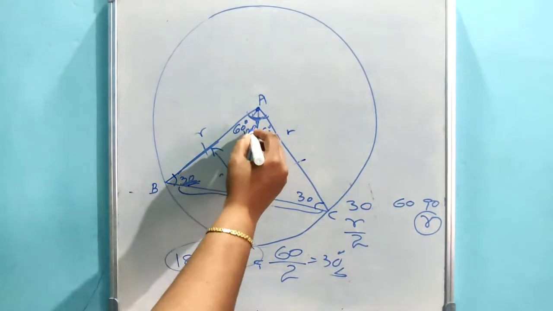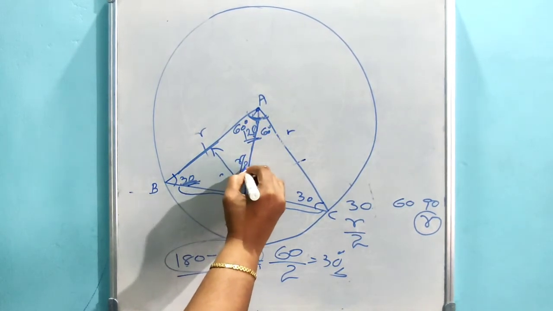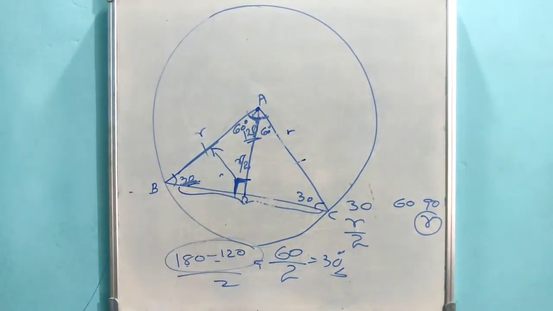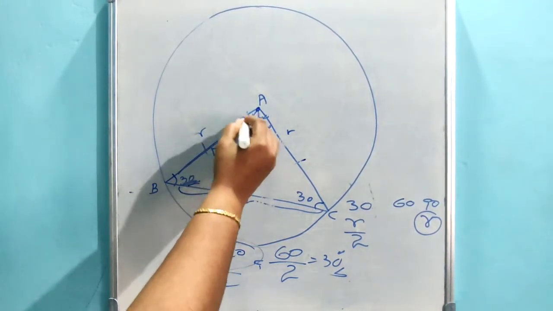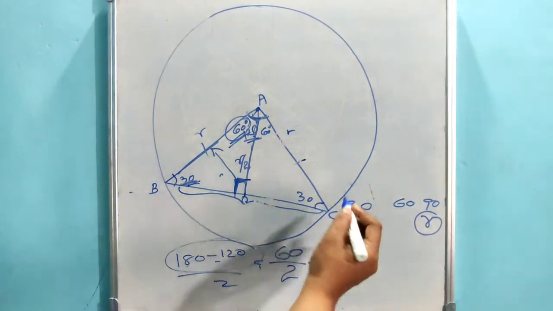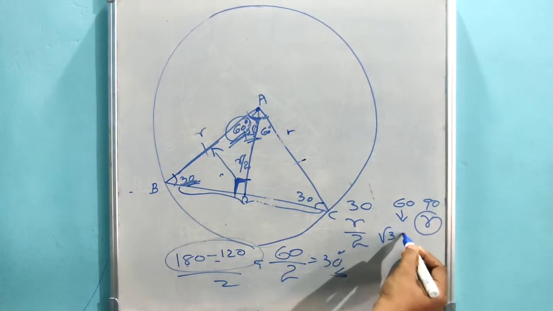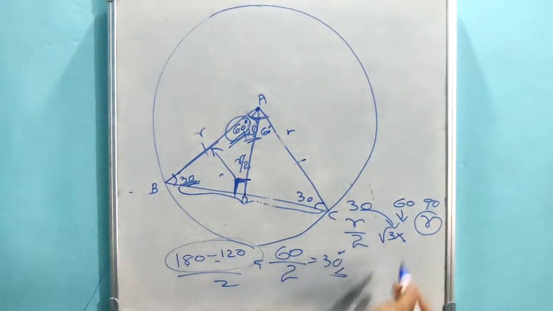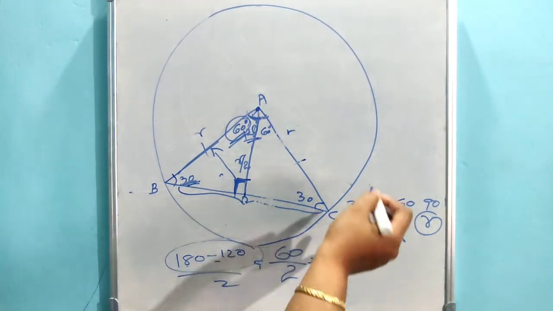So we have the side opposite to 30 degrees, that is this perpendicular distance, equal to R by 2. And what about the side opposite to this angle of 60 degrees? Yes, the side opposite to 60 degrees is root 3 times the side opposite to 30 degrees.